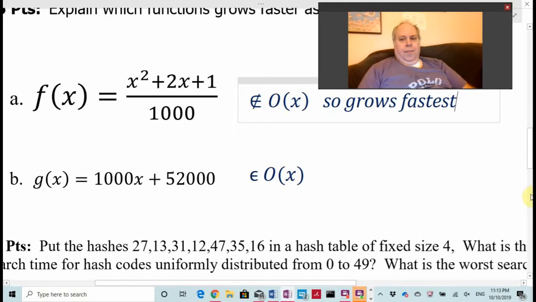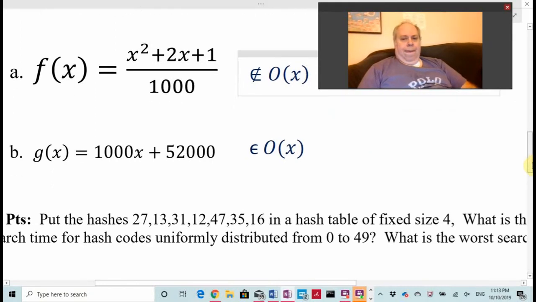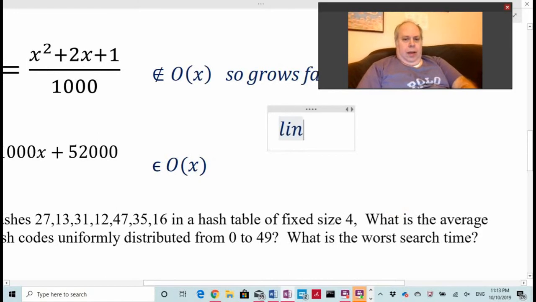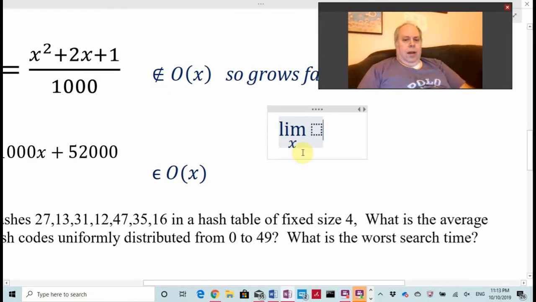Another way to do this is to divide these two. So we take the limit as x goes to infinity.